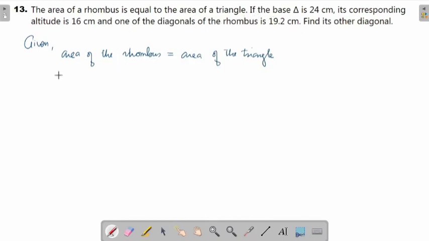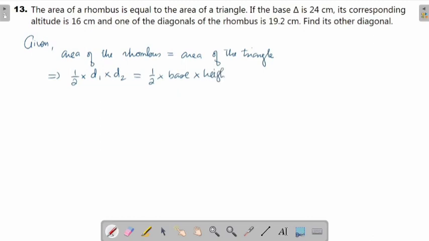Now, you know the area formula for a rhombus is half into the product of the diagonals. So let's say D1 and D2 are the two diagonals. So half into D1 into D2 is equal to the area of the triangle, which is half into base into height, right?